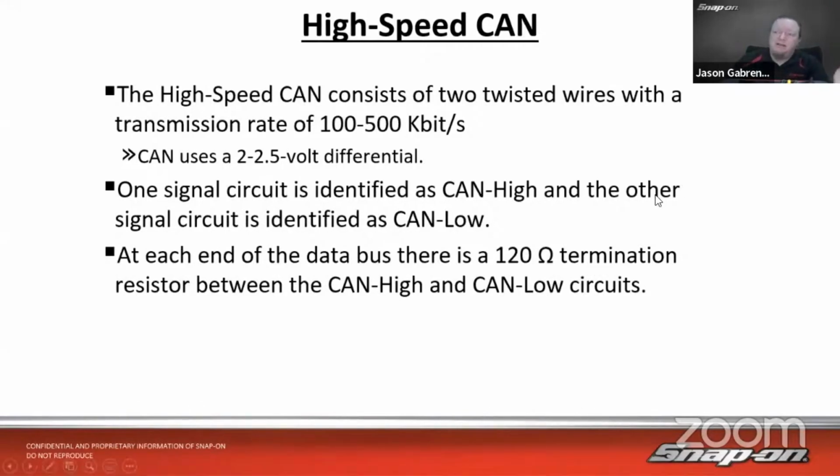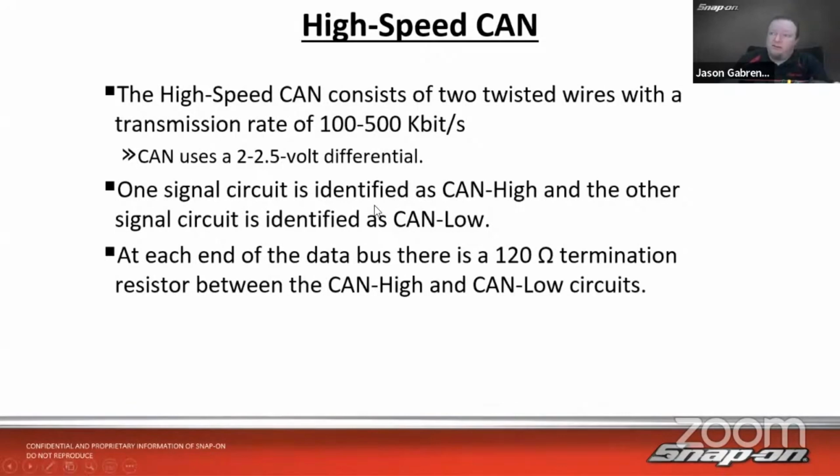Actually it's been around longer than that, but it was standardized in 2006. If you want to learn more about networks on a vehicle, you can watch the network class. It uses what we call a voltage differential. From low to high, what is my difference from top to bottom? And that is my data.